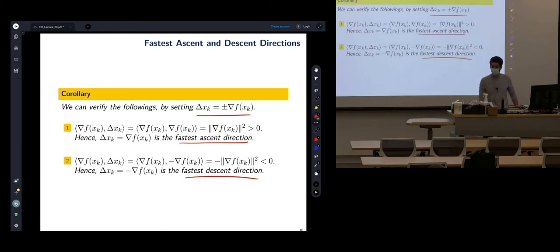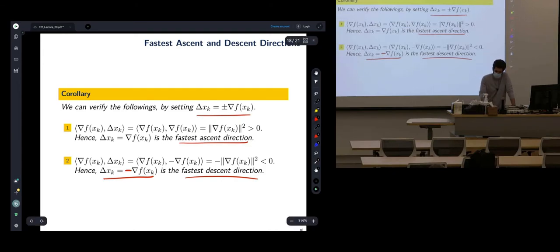If you plug delta x into the dot product, you get the norm squared of your gradient, which is always positive by definition. And for the second case, when we pick delta x to be the negative of the gradient, you get the negative of the norm squared of the gradient. It's always negative.